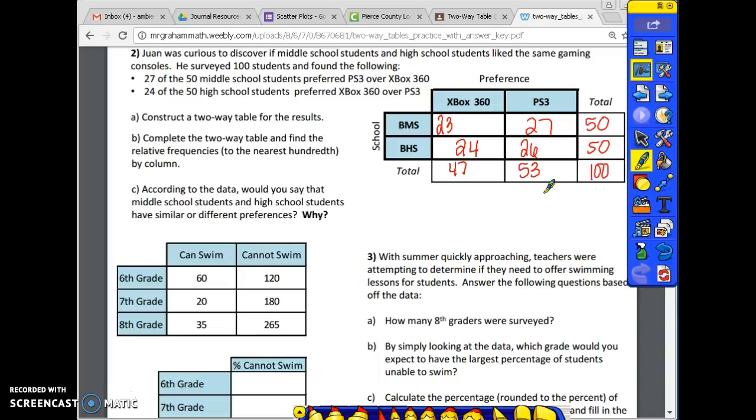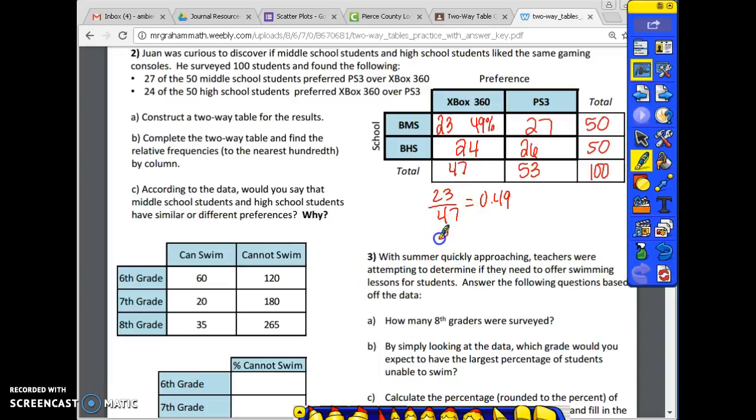Now find the relative frequency by column. So for Xbox, 23 out of 47: 23 students from the middle school out of the 47 total students who like Xbox. That's going to leave us with 49 hundredths, so that's 49%.